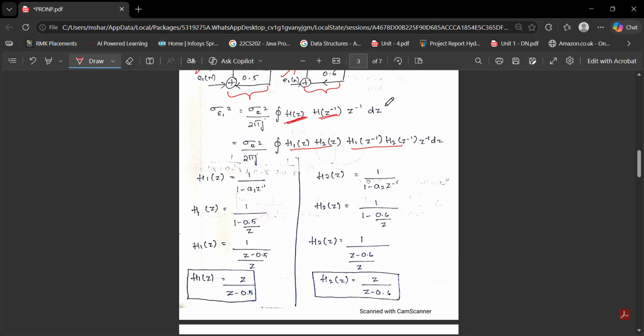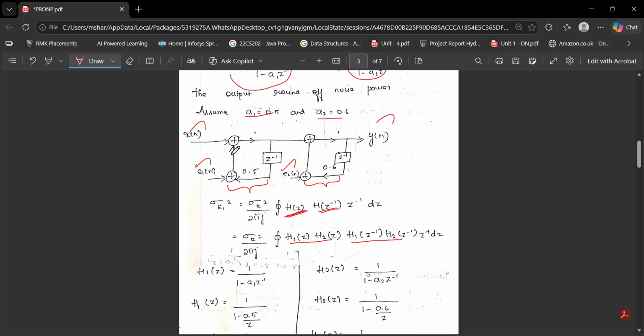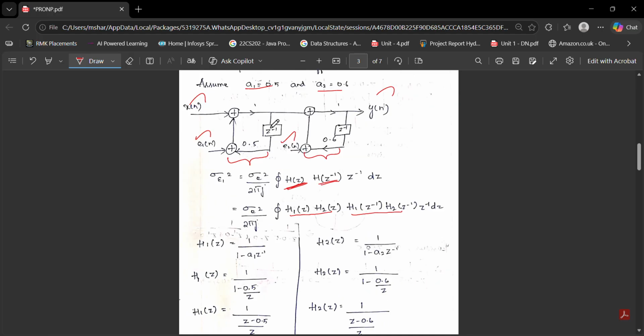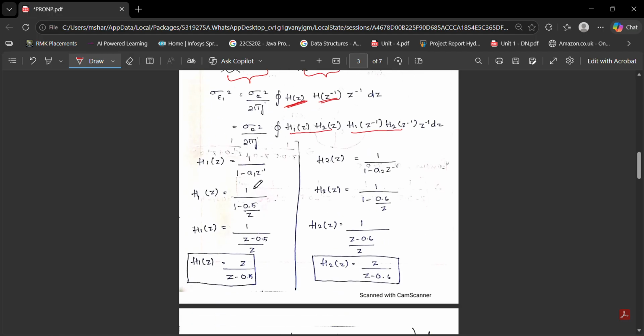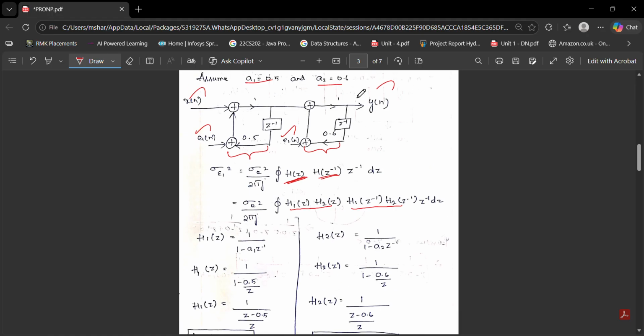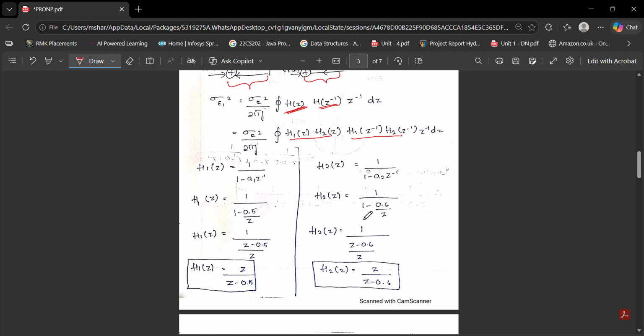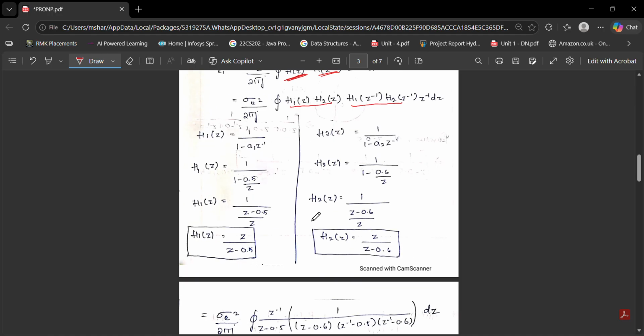Before substituting the values of H1 of z and H2 of z, I will make some small modifications. In the question, a1 is given as 0.5, so I will substitute 0.5 in place of a1, and this z inverse will come to the denominator. Similarly, a2 is given as 0.6, so 1 minus 0.6, and this z inverse will come to the denominator.